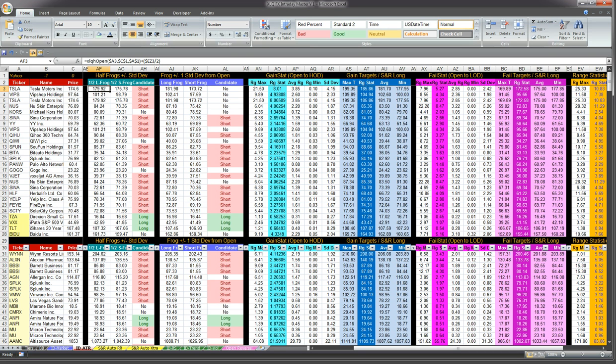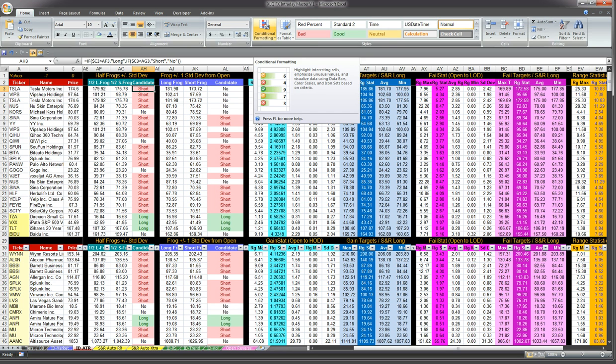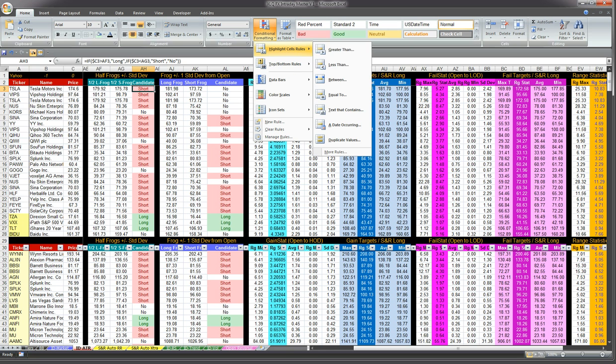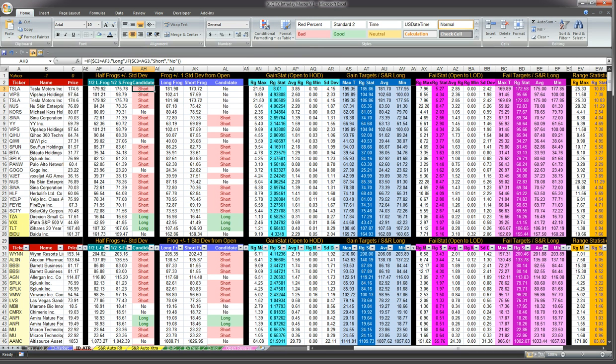If you can look into the formula here in the cell, I've just taken the open and added 1 standard deviation divided by 2, which is the half frog. It's half a standard deviation, and I added it to the open. The next column I simply subtracted it. Then I just created some conditional formatting, if text contains, to highlight short or long candidates.